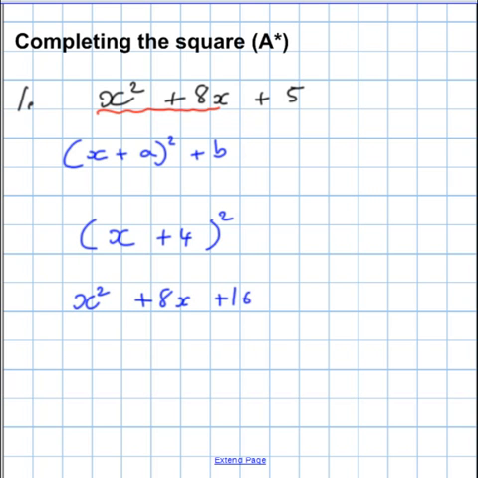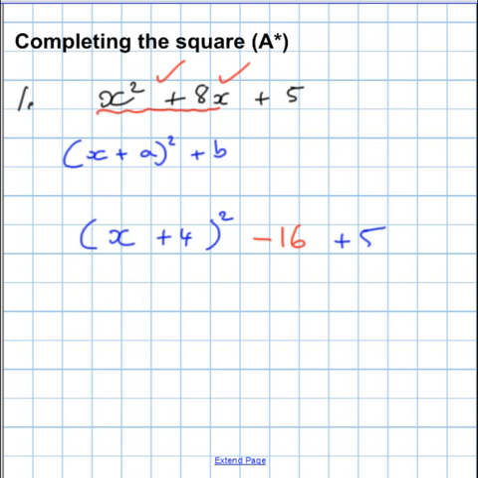I want to get x squared plus 8x, so all I have to do is take away 16, and lo and behold, I would get x squared plus 8x. However, I want the expression to equal x squared plus 8x plus 5. I've done that bit and that bit, so what I do now is I add 5.